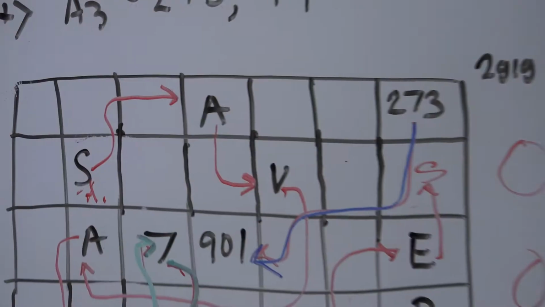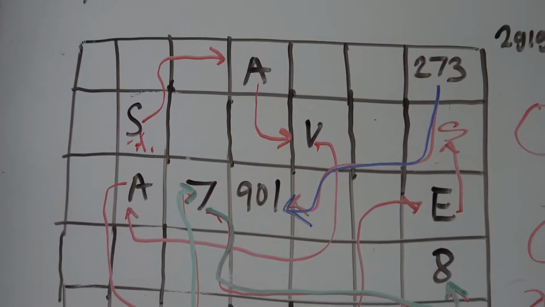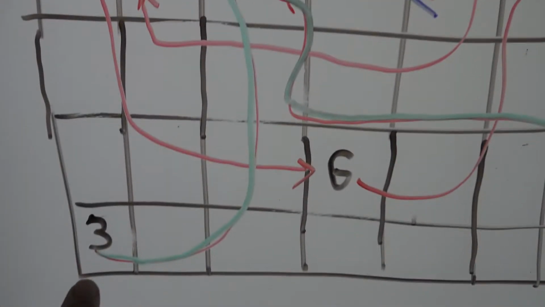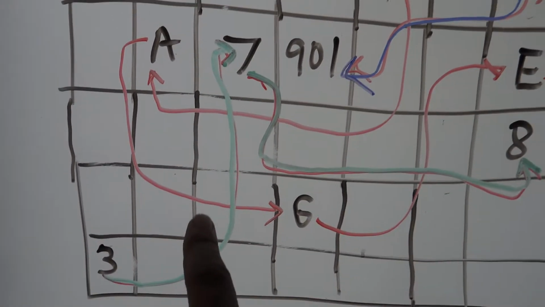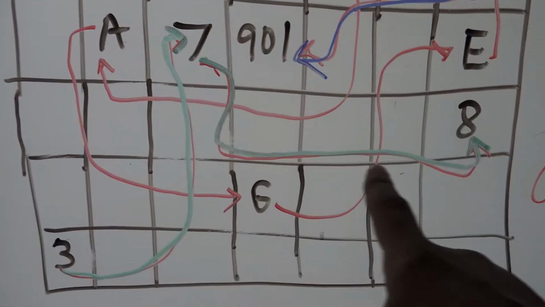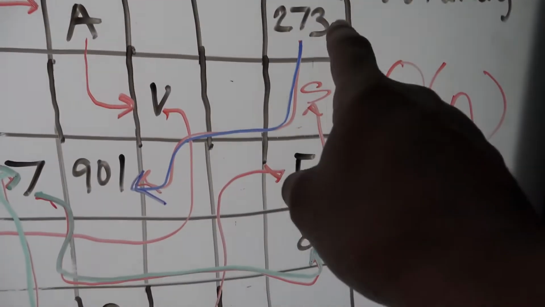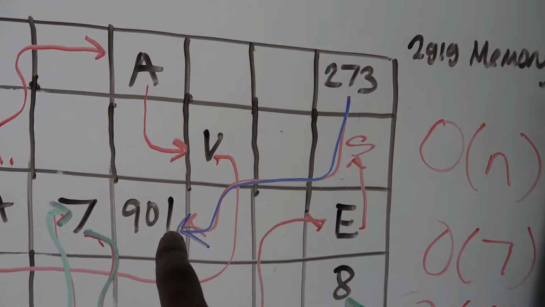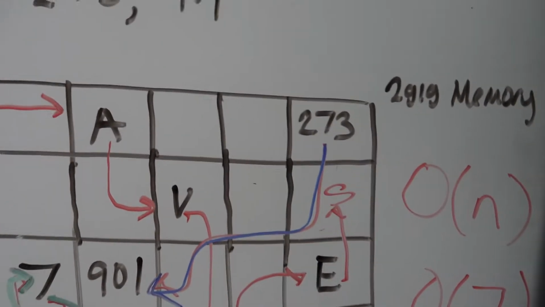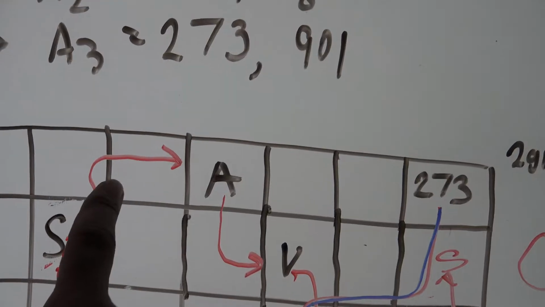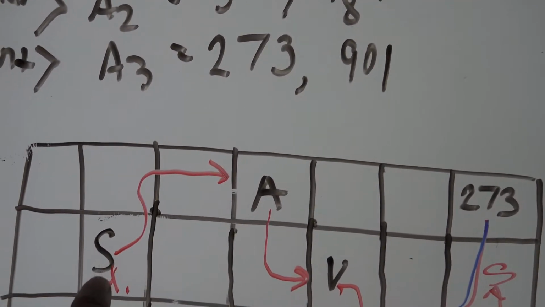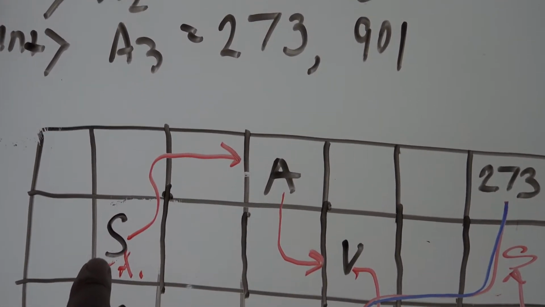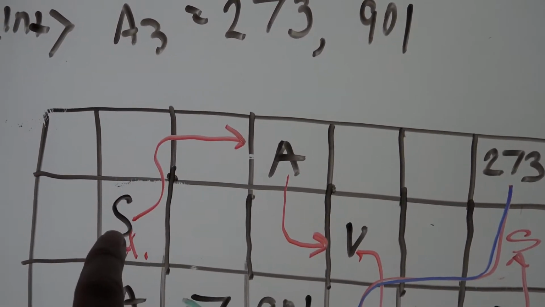It may be a little easier for you to follow these links by color coding them. So the 3 is linked to the 7, that's linked to the 8 right here, and the 273 is linked to the 901. And you can see the savage all over the place. All of these are linked, and the word savage is denoted by the red links here.